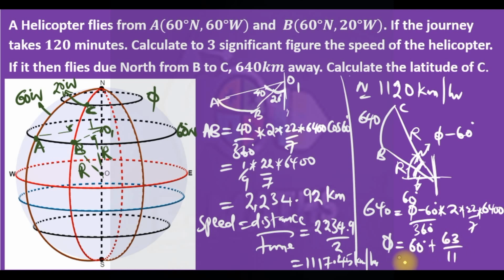That is 55 plus 8 times 9, so I think this is 65 point something, because 63 over 11 is 5.7. So 65.72 degrees. That's the latitude of C.